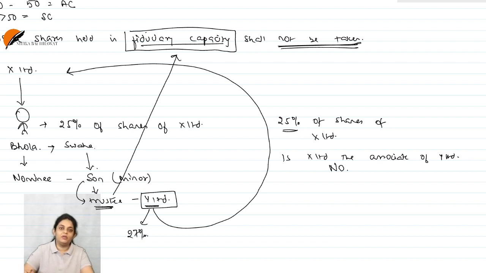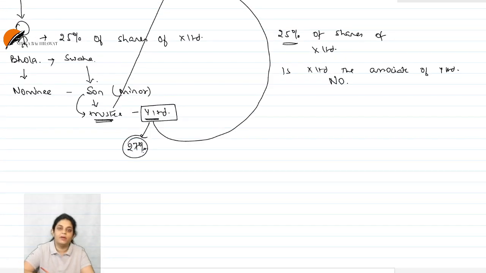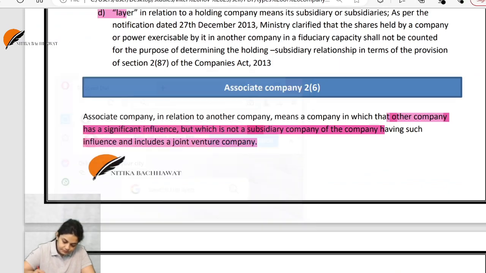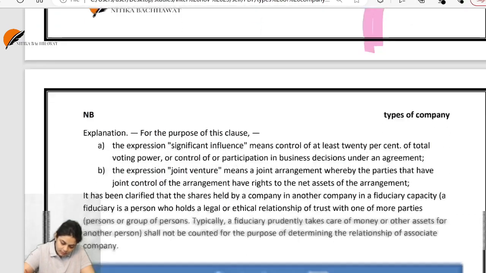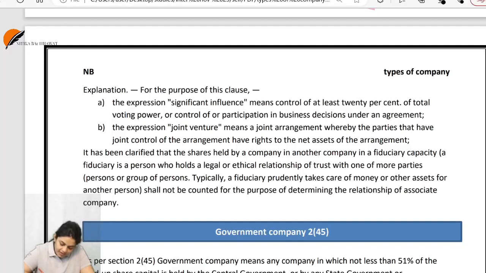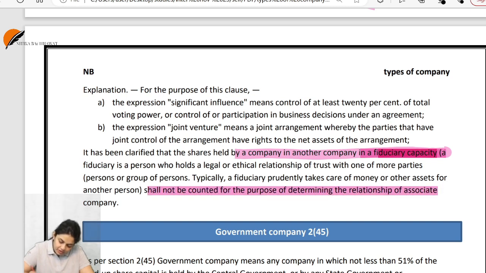Yes, then it will be an associate because it's personally holding this much. But here it is holding in the capacity of a trustee, and that will not be considered. So it has been clarified that shares held by a company in another company in a fiduciary capacity shall not be counted for the purpose of determining the relation of associate company. I hope it's clear to all of you.